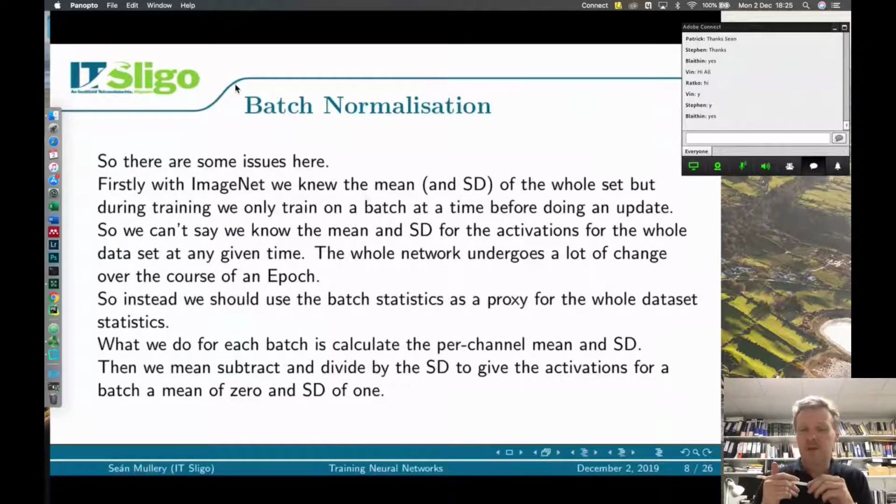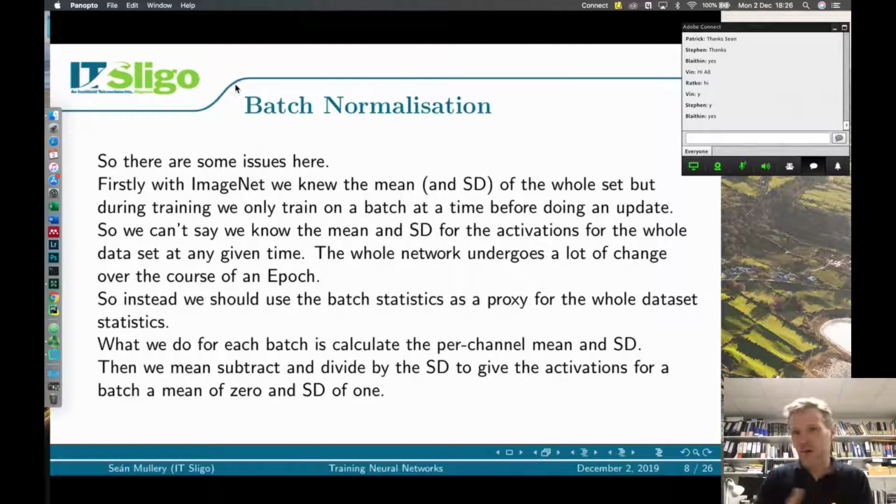Firstly, with ImageNet, we knew the mean and the standard deviation of the whole set. Okay, but during training, we only train on a batch at a time before doing an update. So this is the idea, and I'll come back to this again. I think I've mentioned it a number of times that when we're training these large networks, let's say we have 10 million images for the sake of argument.